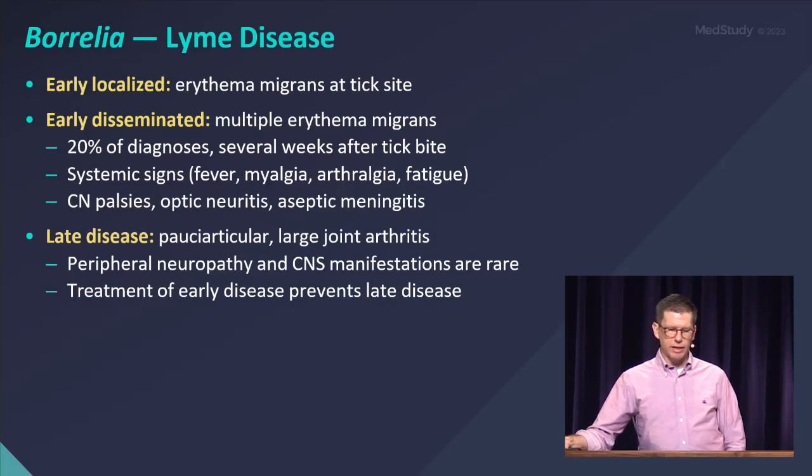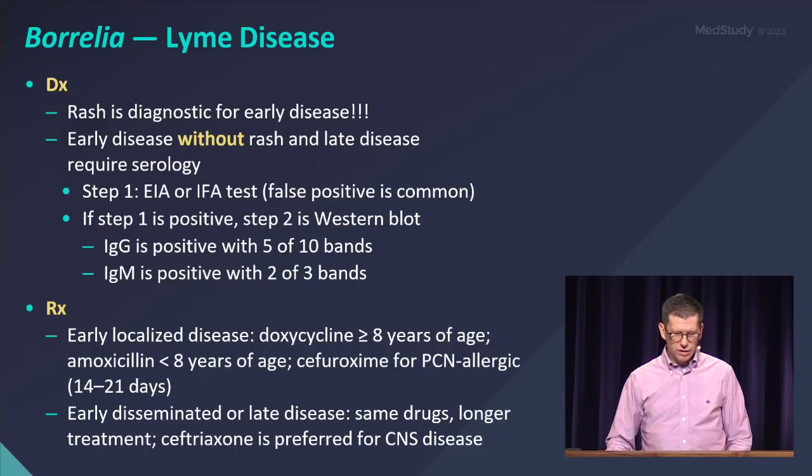Several weeks after the tick bite, you're more likely to have systemic, non-specific symptoms such as fever, malaise, and arthralgia, and you'll often have cranial nerve palsies here. Late disease can be really late, a year or two after your initial infection. It's usually going to be large joint arthritis, and usually treatment of the early disease, either early localized or early disseminated, is going to prevent you from getting late disease.